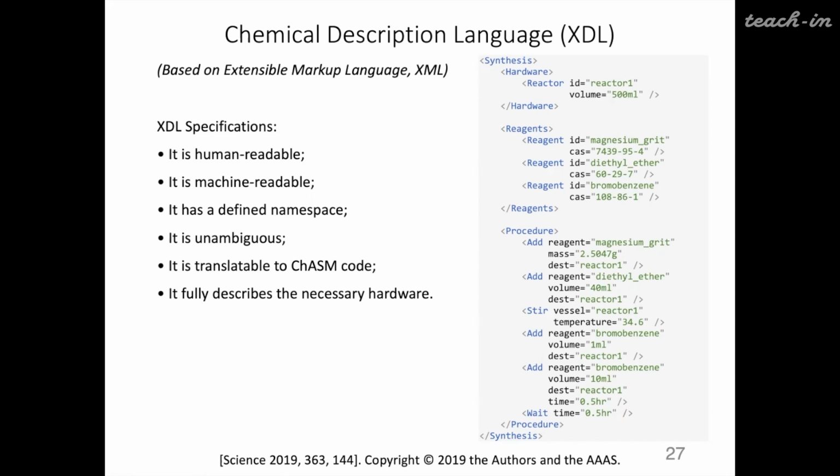There are also several constraints related to its usefulness as a control language. So it has to have a defined namespace, should be unambiguous, and it should be transferable to chemical assembly code.